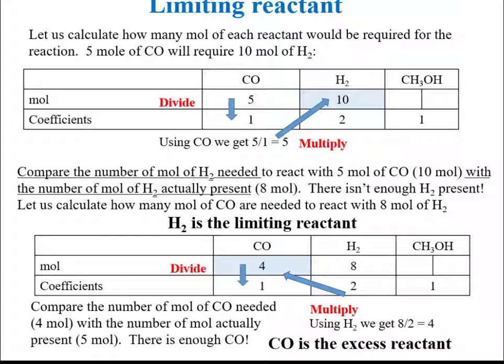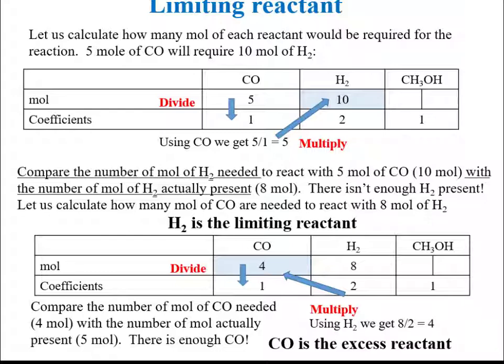Once we determine this, we can establish that the table that we need to use to determine the product is the one originated by using the 8 moles of H2, which determines that we need 4 moles of CO for the reaction. Because we have 5 moles and only 4 are needed, CO is the excess reactant.